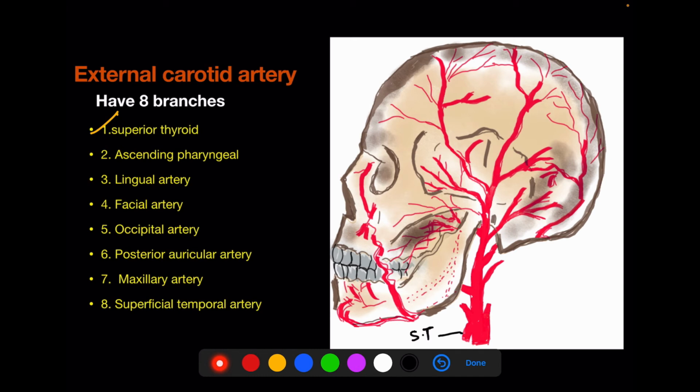Next one, that is ascending pharyngeal, which is present here. AP, I'm using AP for ascending pharyngeal. Third one, that is the lingual artery. It is present here.